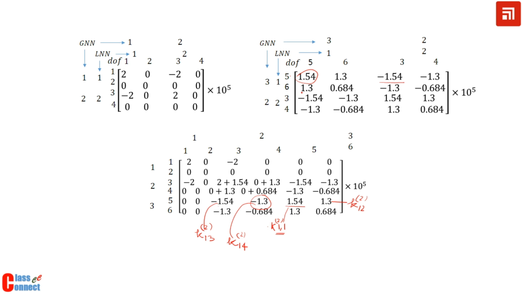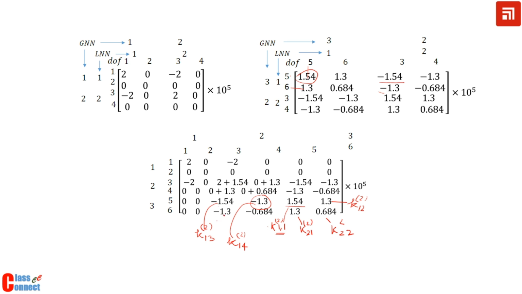Now coming to this, this will go to 6 and 5. So row number 6 and column number 5 is this. This is K of the second element 2 1, and this is K of the second element 2 2. Now come to this minus 1.3. This will go to the sixth degree of freedom, sixth row and third column.